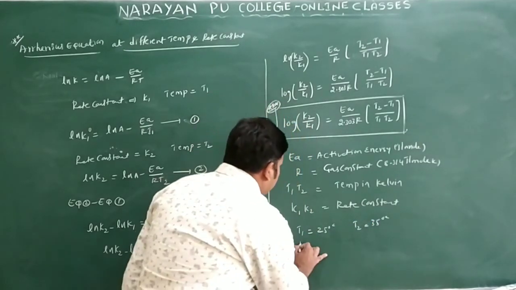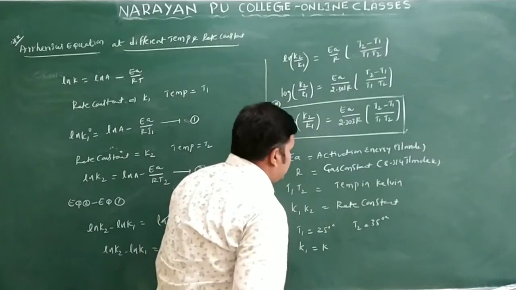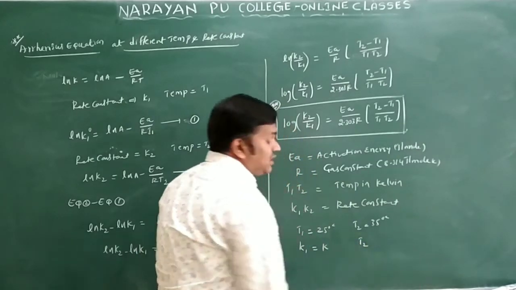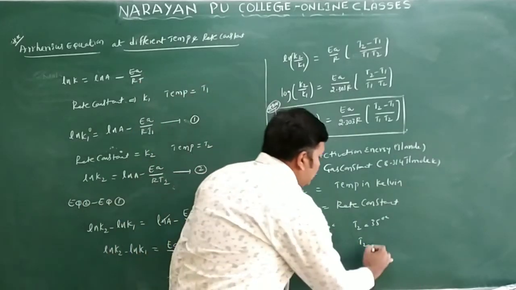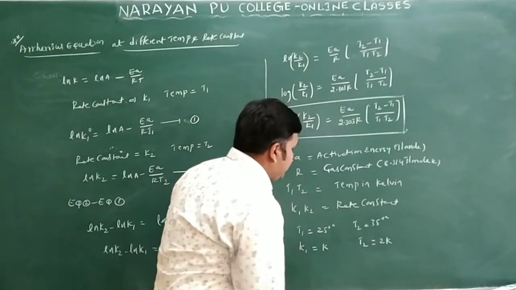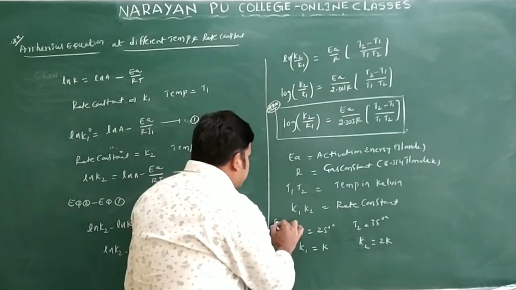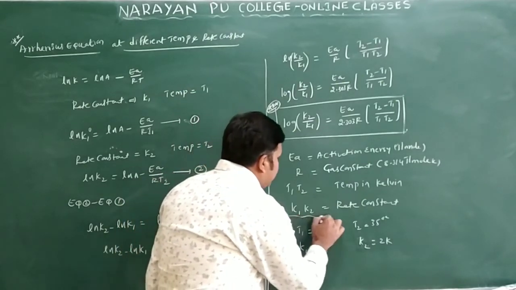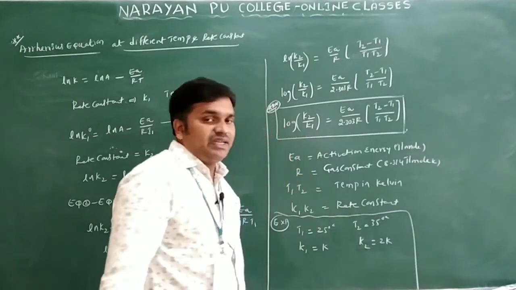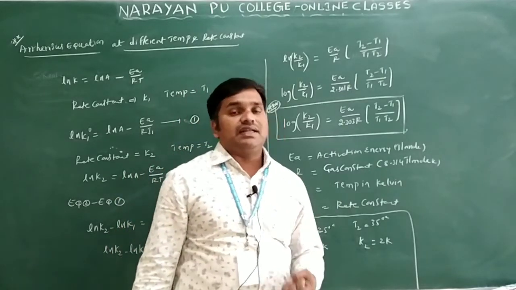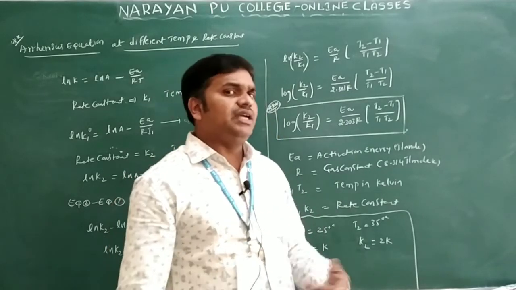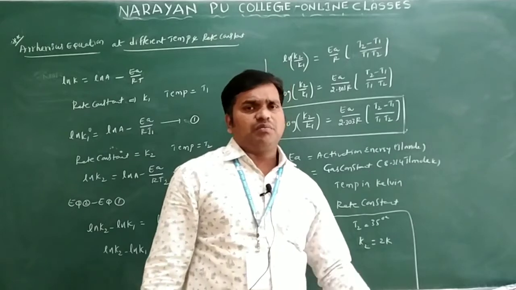At T1, rate constant K1 is equal to K. At T2, the rate constant becomes double, so K2 is equal to 2K. This is experimentally determined. For 20 degrees Celsius, double or triple, like that we get to know.